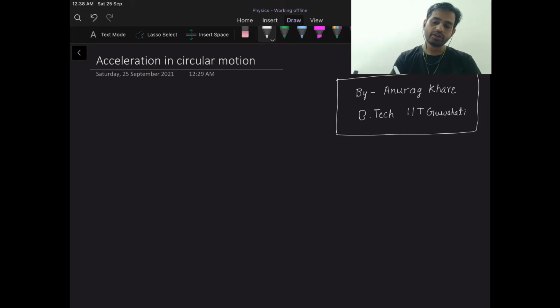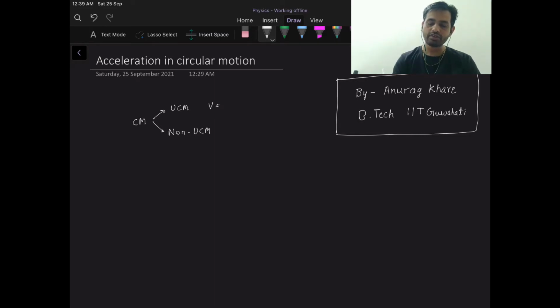We already know that circular motion can be of two types. One is uniform circular motion and one is non-uniform circular motion. In uniform circular motion, we already know that speed is constant.